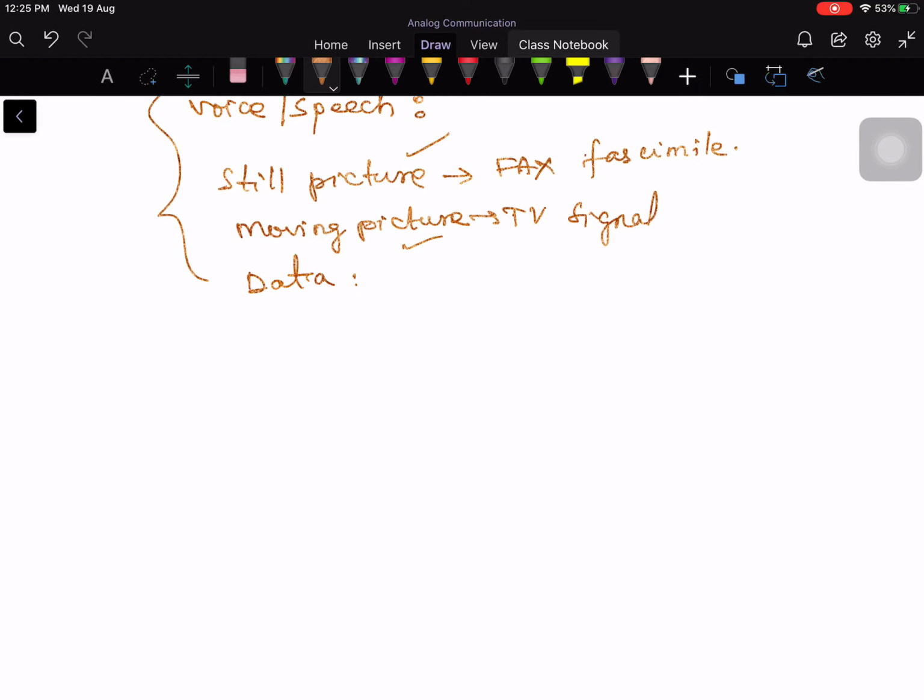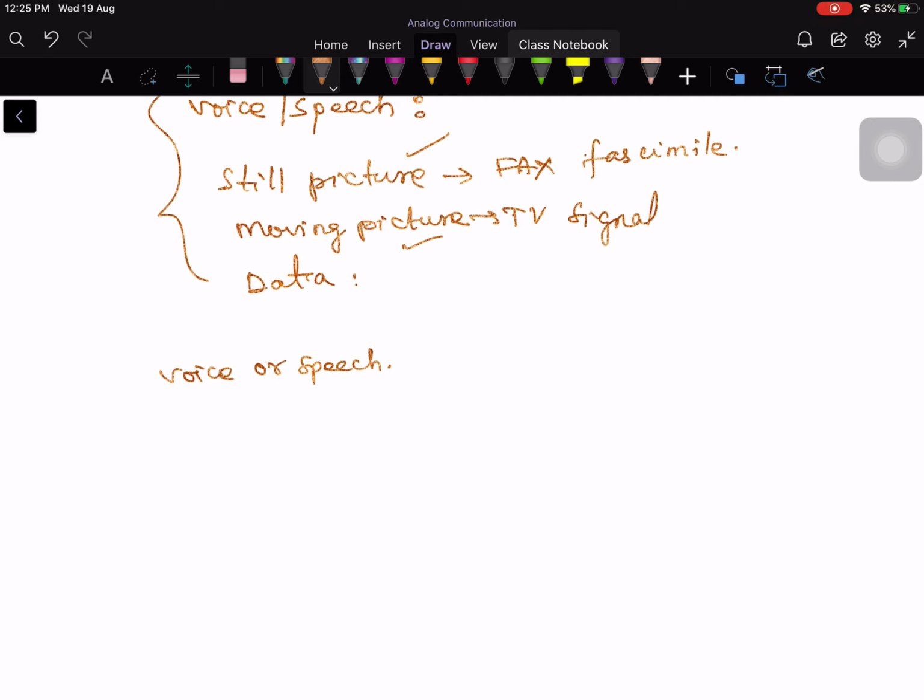So let's talk about the information sources in some more detail. To start with, as I said, one of the most common sources of information for us is voice or speech. Human speech. We don't bother about the communication between animals. How they communicate, we don't know. Maybe some peculiar people might be knowing that.